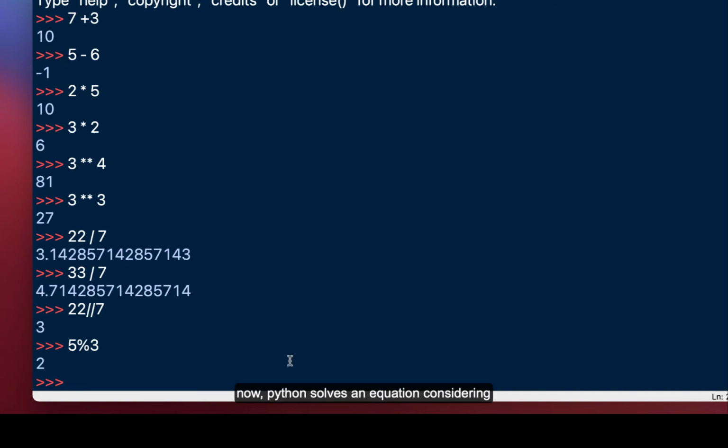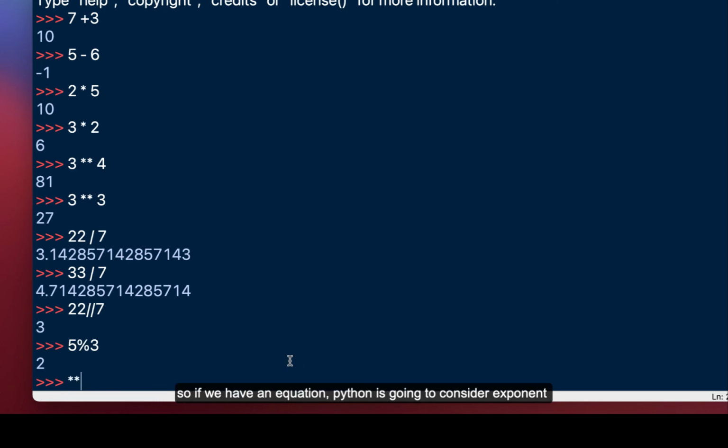Now Python solves an equation considering the highest precedence operators. Let's see what the highest operators are. If Python is solving an equation, it considers the highest precedence operators first, and the highest one is the exponent.